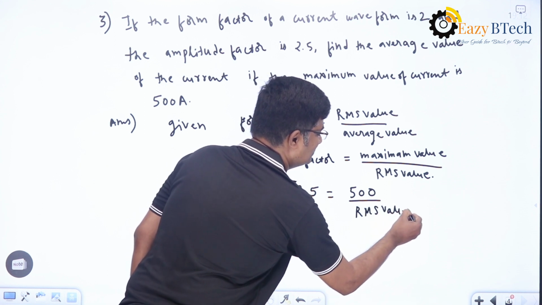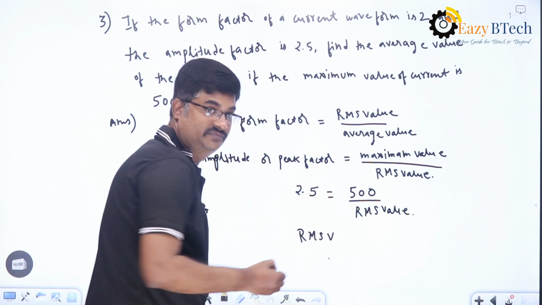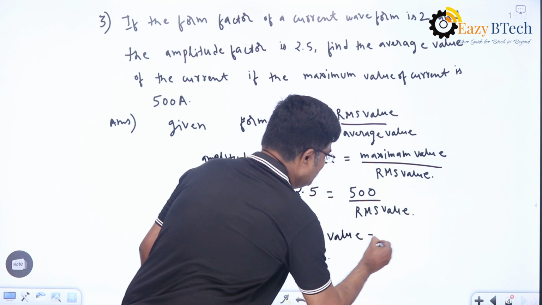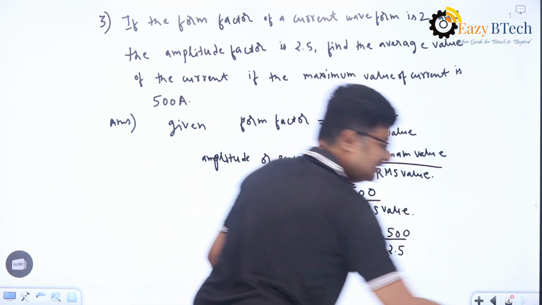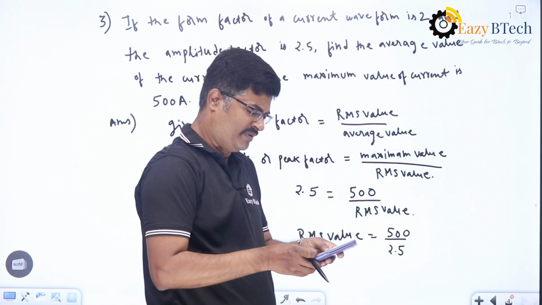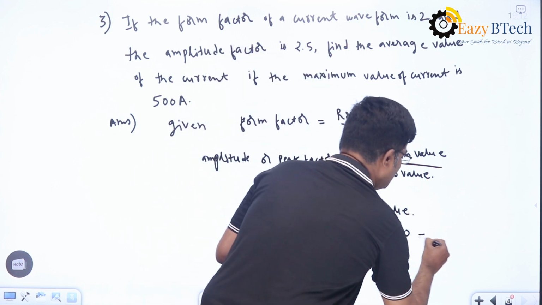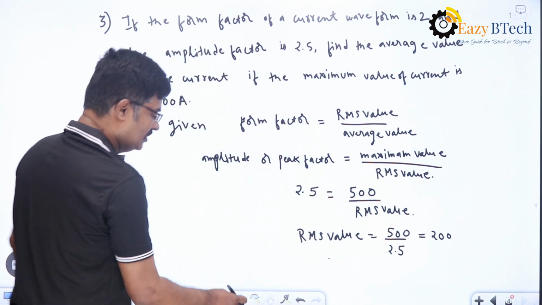From this, can I write my RMS value? I will be writing my RMS value is equal to 500 divided by 2.5. So if I am using my calculator, 500 divided by 2.5, which is equal to 200, I am getting. So RMS value is equal to 200.